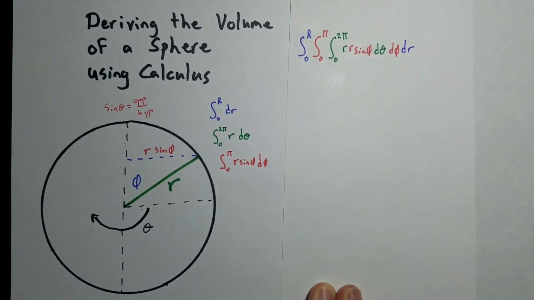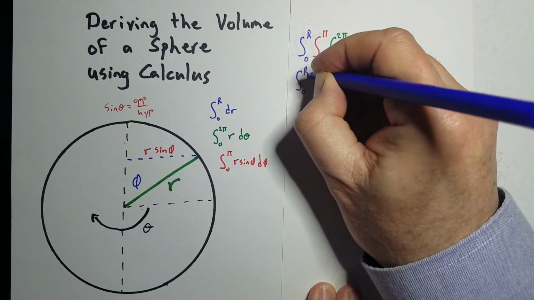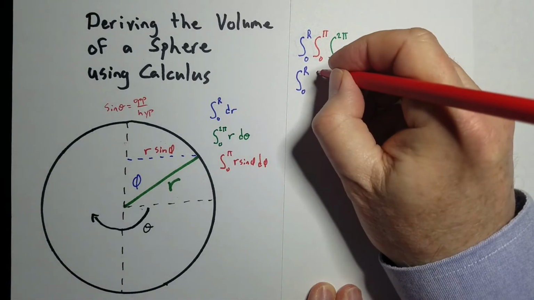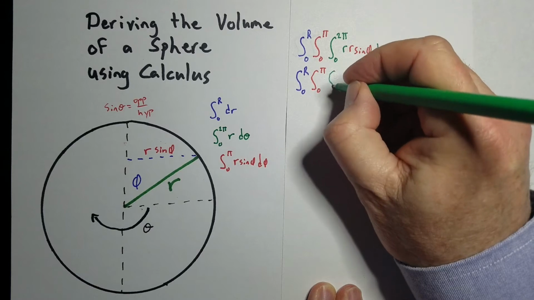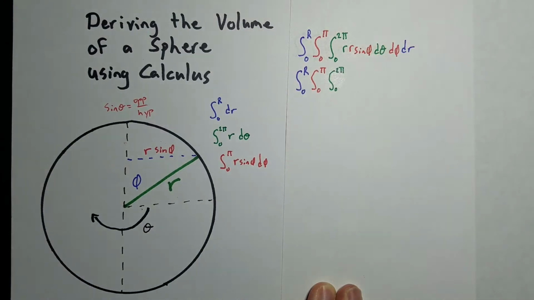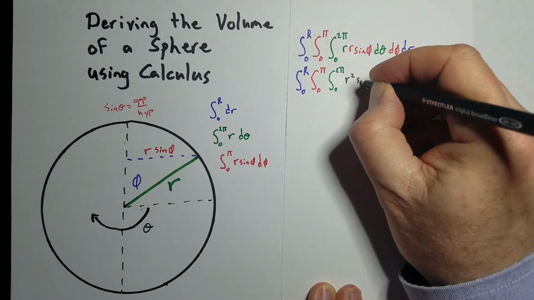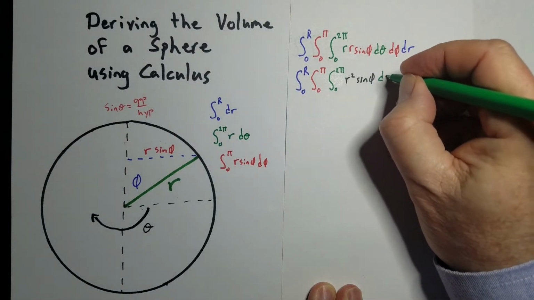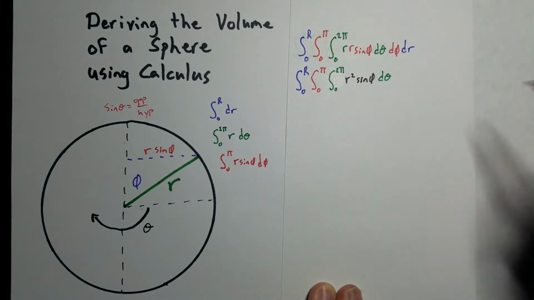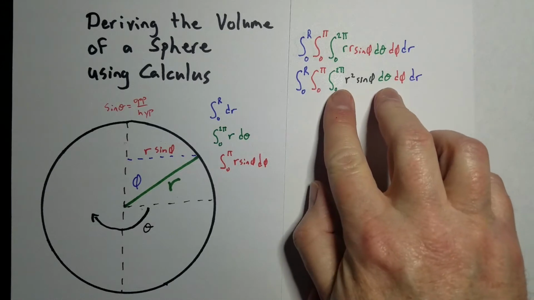So let me rewrite this in a nicer form, still keeping my color code as best I can, unless I mess it up. r squared sine of phi, d theta, d phi, dr. I'm going to usually start off with the inners and work your way out.